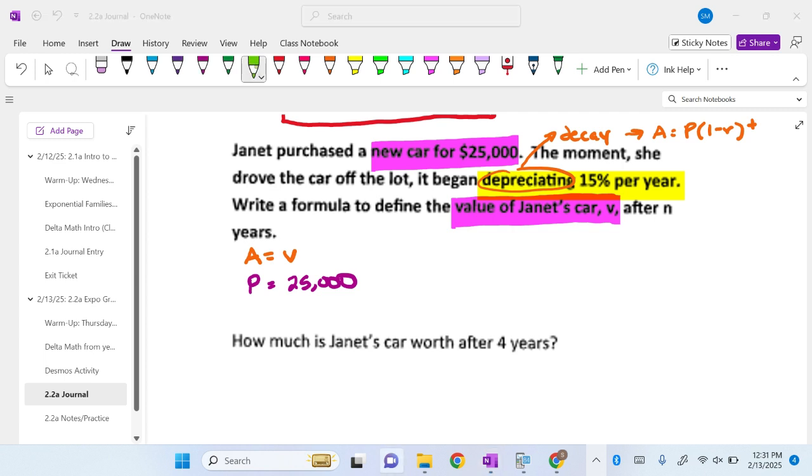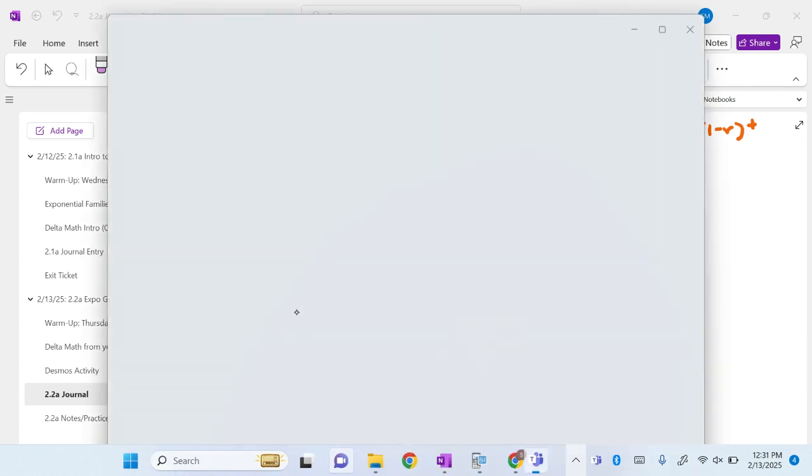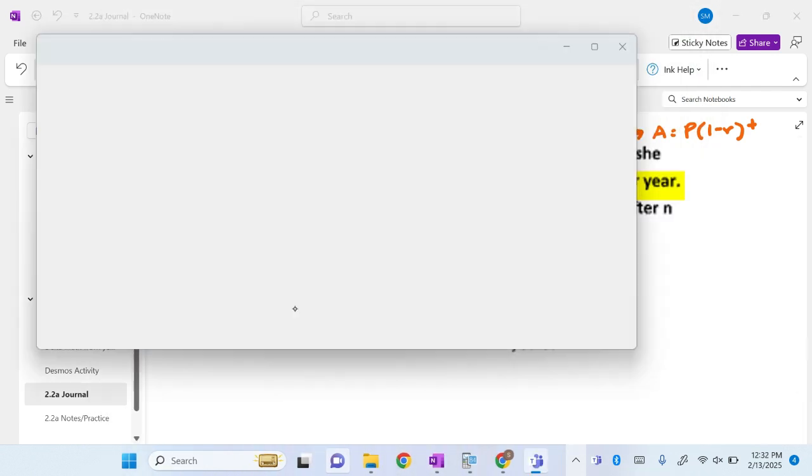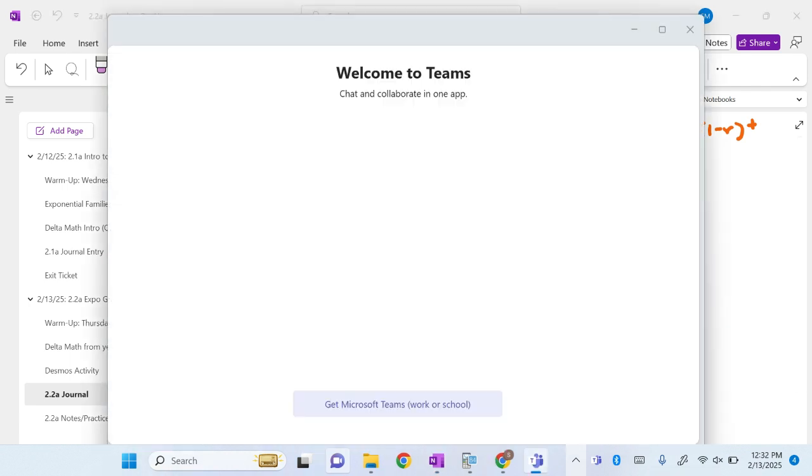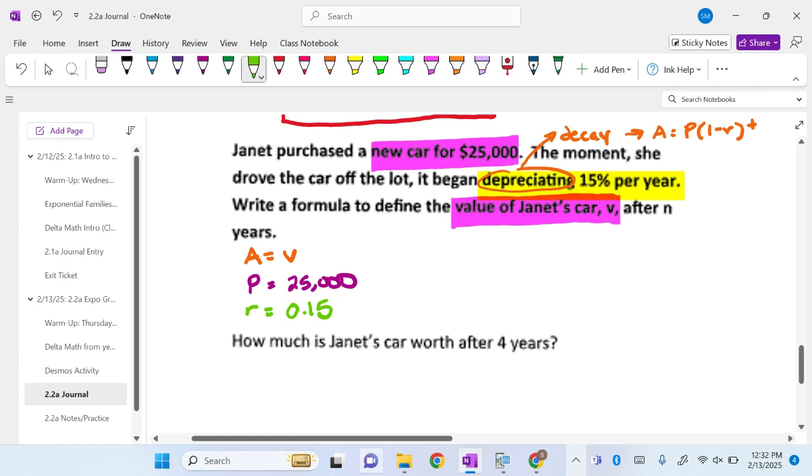What's going to replace R? 0.15. My computer doesn't like me right now, guys. Because remember, we take that 15%, divide it by 100 to get our R value.